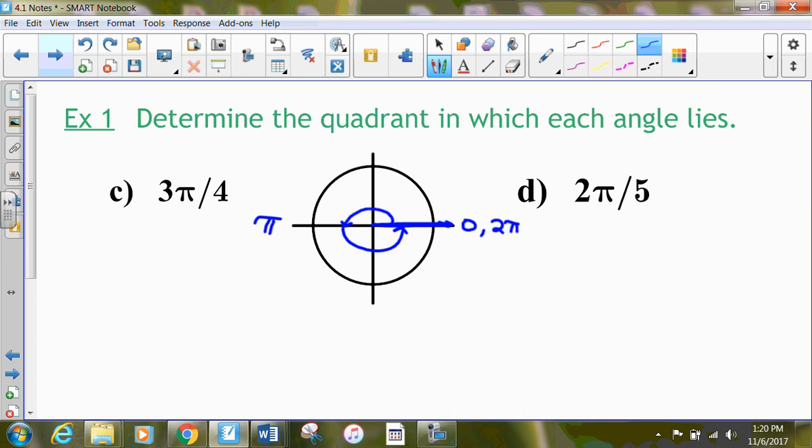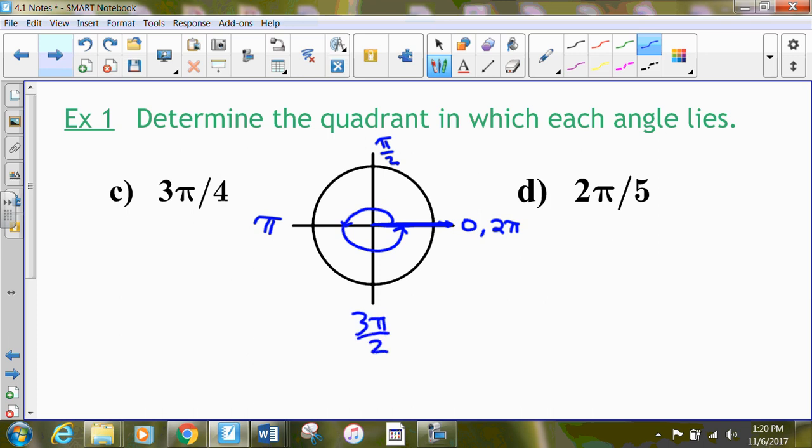So already we're seeing that angles can have a lot of different names depending how many times we went around the unit circle. And so if that's pi, then I know this is pi over 2. If the circle's cut up into 4 equal parts, pi over 2, pi, this would be 3 pi over 2, and then that would be 2 pi.